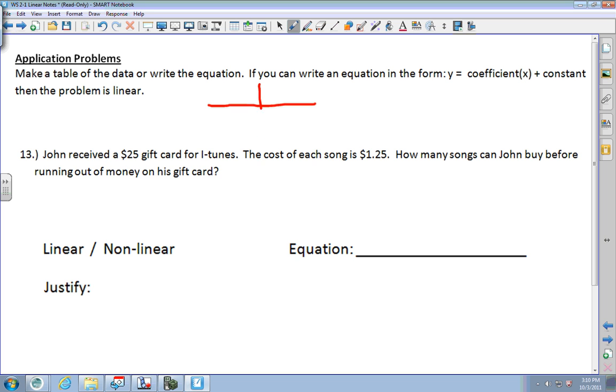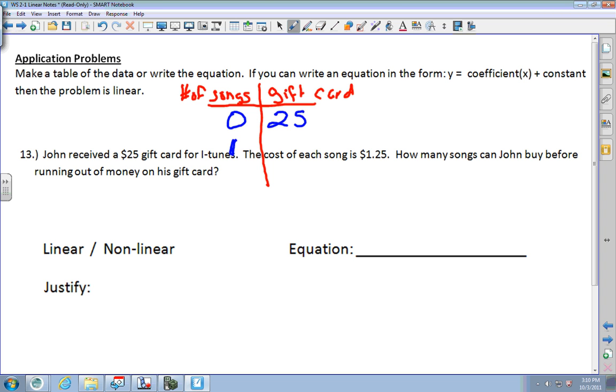Okay, well, let's look. First off, what is it he's buying? We're going to have the number of songs, and this is going to be his gift card. So when he first gets his gift card, he hasn't purchased anything yet, he has $25.